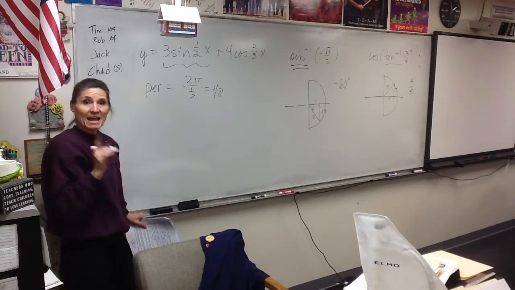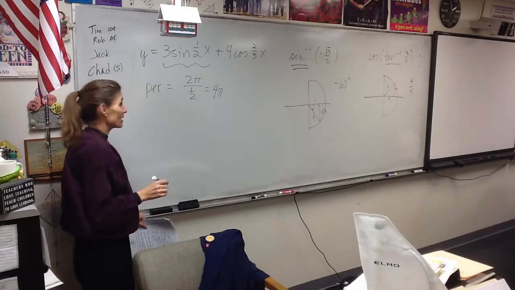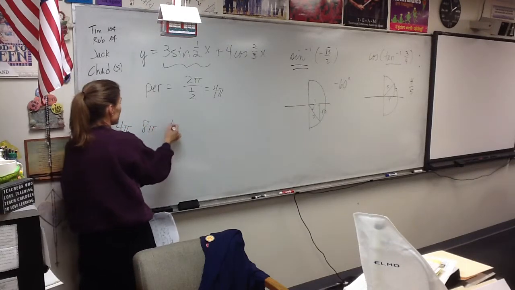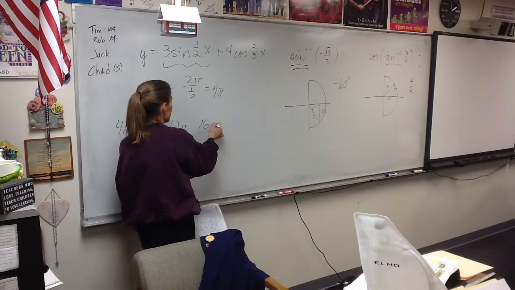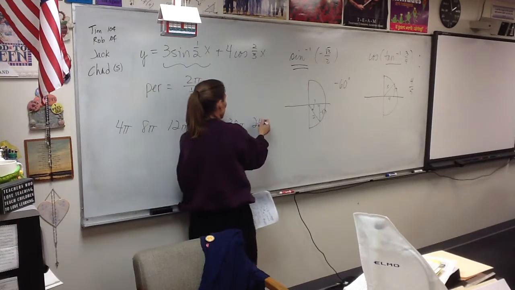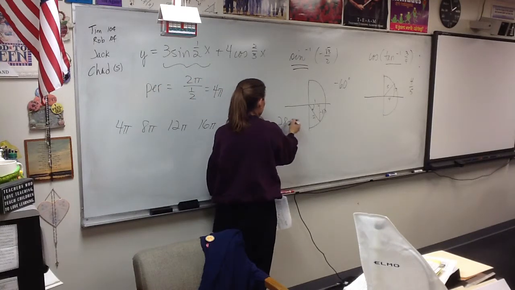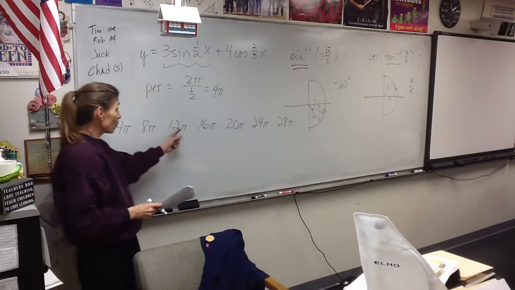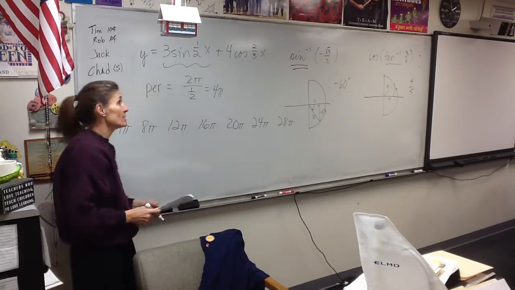That means that every 4 pi, that curve repeats. So it's going to repeat at 4 pi, 8 pi, 12, 16, 20, 24, 28. That's all I'm going to go for now. I can extend it longer if I need to. But every 4 pi, that curve repeats.